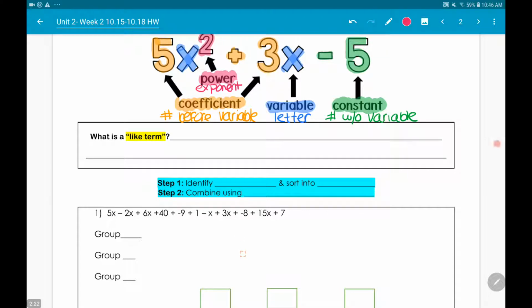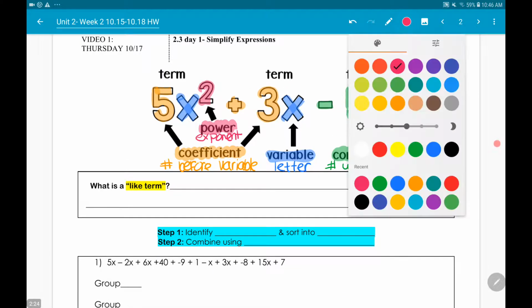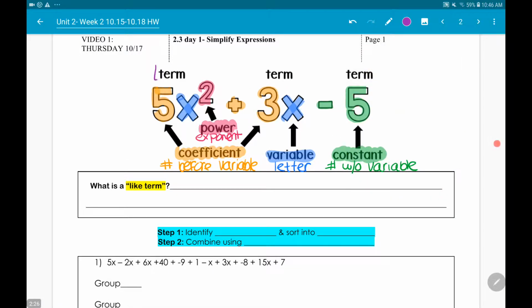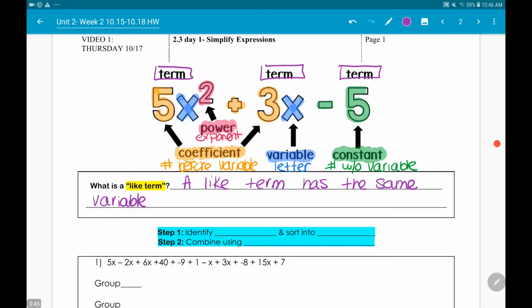Okay. So now we're going to talk about like terms. Now, each one of these was its individual term, but are they alike? So what is a like term? A like term has the same variable and the same exponent.